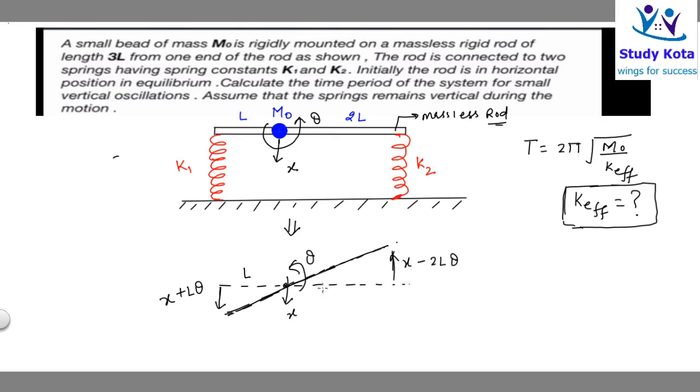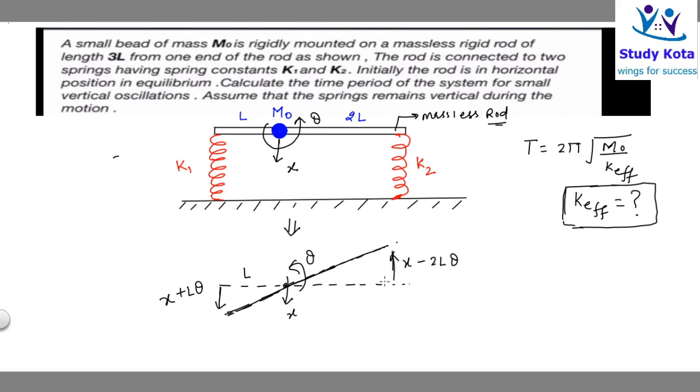Since theta is very small, the displacement will definitely be downward, but for simplicity I am indicating it in the upward direction. This gives the expansion and compression of the springs, so that we can find the spring forces.